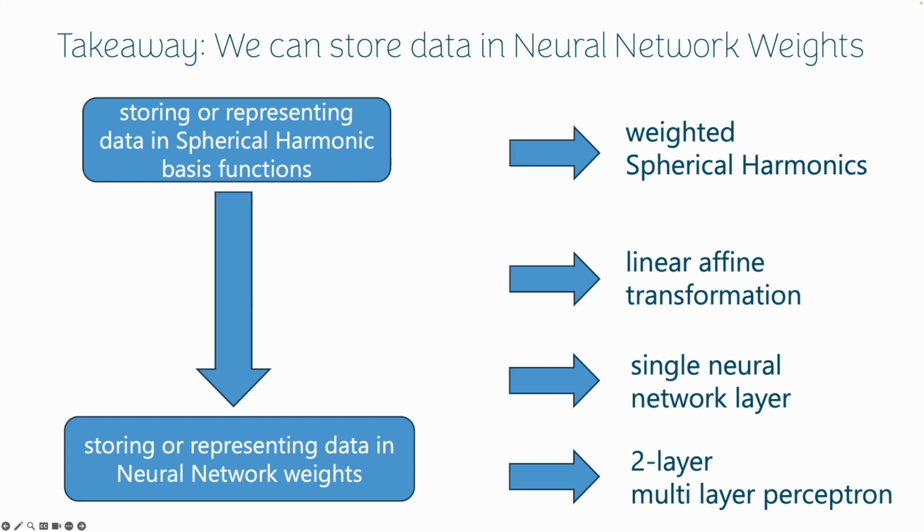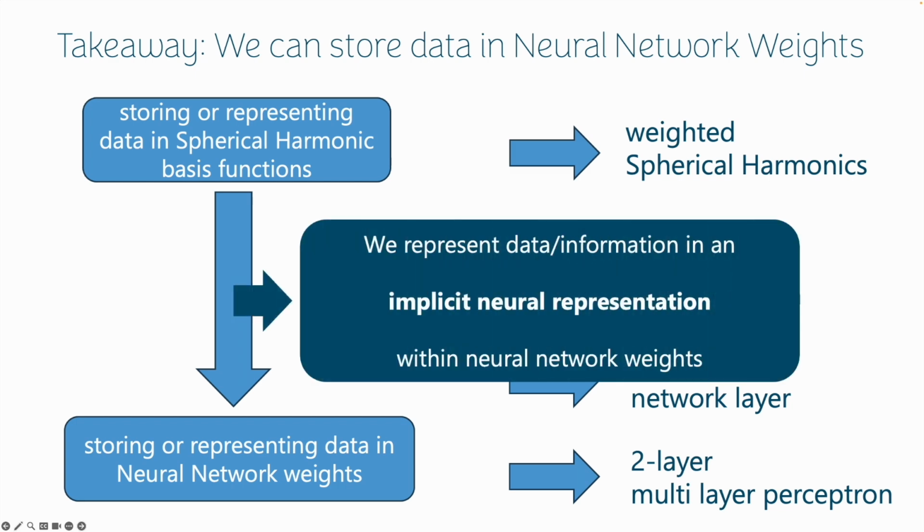And crucially, the term that is relevant here is implicit neural representations. Because by training this neural network on a set of data points in a specific way, we learn or represent information from a scene or over geographic space in the neural network weights, and that is an implicit neural representation of this data or this information that we encode in the neural network weights.